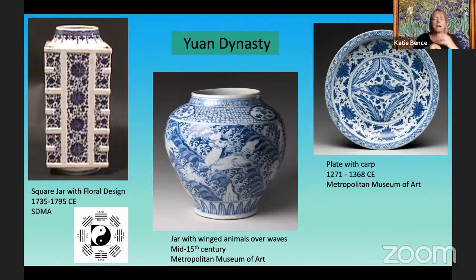So it took a lot of trial and error to create this clear glaze. They started with ash glaze, interestingly enough. Remember how we saw that it created the black pottery during the Zhou dynasty, sorry.